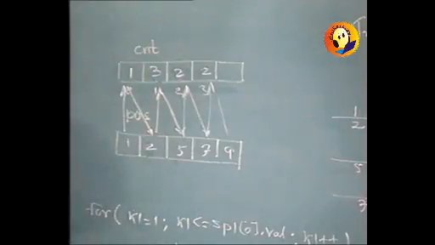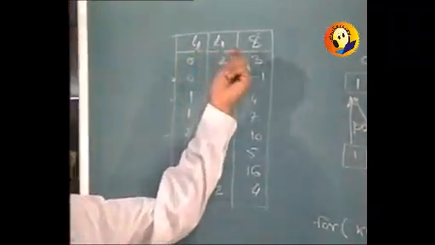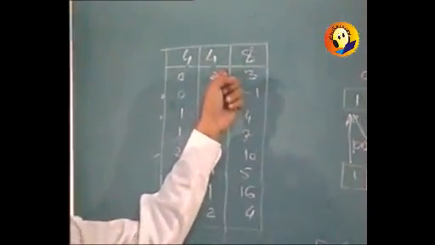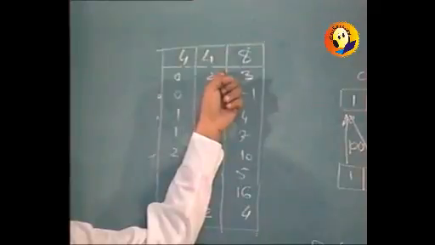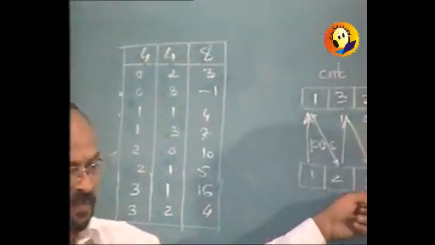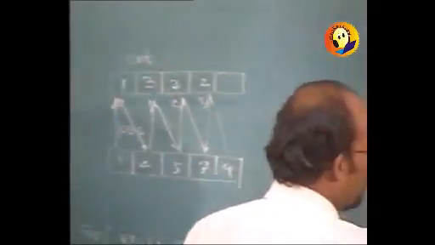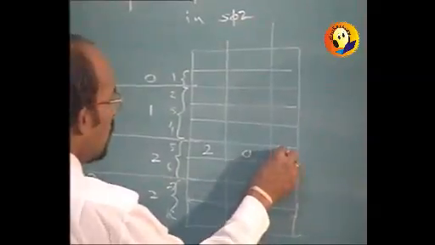Now what do I do? I pick up the element from here, 0, 2. From column number 2, I will check what the start position is, 5. So I will pick this value and straight away store it at position 5 as 2, 0, 3.